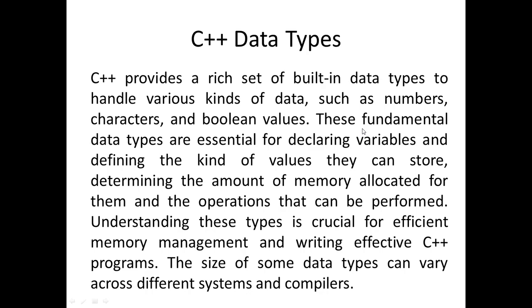Apart from specifying the kind of value that variable can store, you are also specifying the amount of memory that should be allocated for that value. So you are not only saying the type of value that can be stored in that variable, you're also specifying the size of memory that should be reserved for that variable.